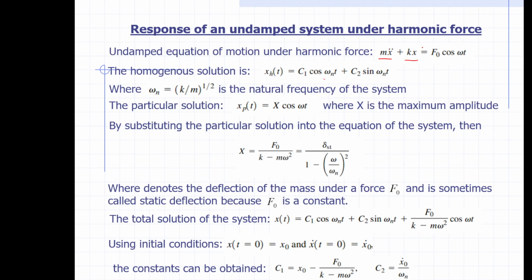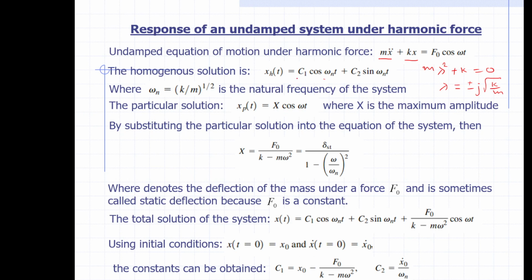Why? Because when you look at the characteristic equation, it's m lambda square plus k equal to 0. So lambda equals plus minus j square root of k over m. So it is a pure complex number.